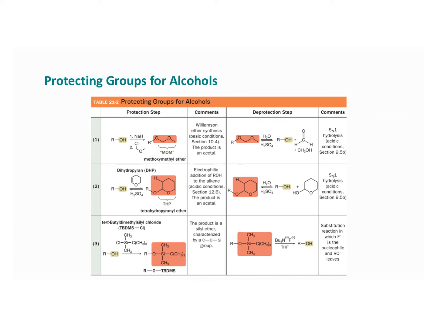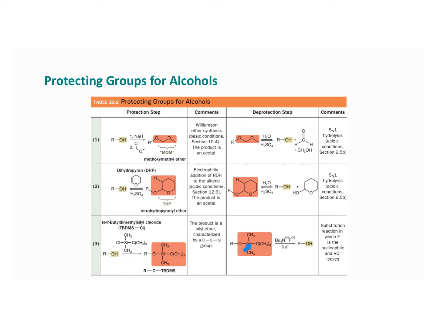entry 1 here calls for some basic conditions in the protection step and acidic conditions in the deprotection step. So that would be a poor choice if other groups in the molecule react either under basic or acidic conditions. Okay. Entry 2 would be a poor choice if you need to avoid acidic conditions, because we've got acidic conditions both places.